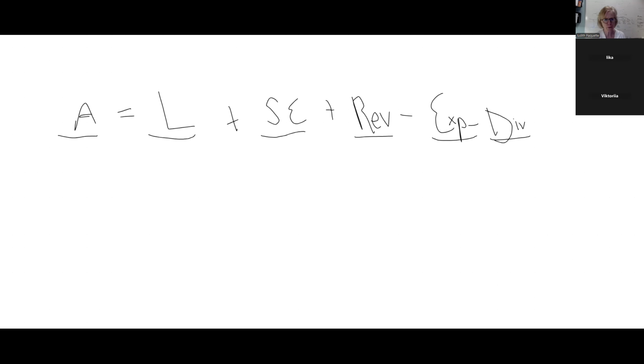So here we go. Assets: the most common asset is cash. For these 3 chapters we will use cash, not as much, but we will use it. When we increase cash, is that a debit or a credit?